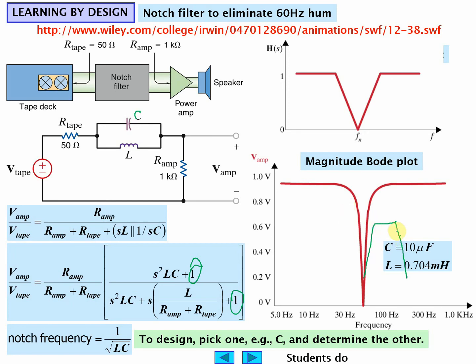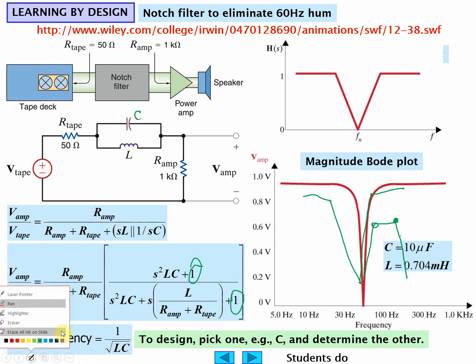So band pass is when you choose the cutoff, one of the poles over here and 0 here. Band notch, we're choosing the pole here and then the 0 further up. There, get rid of my old one.